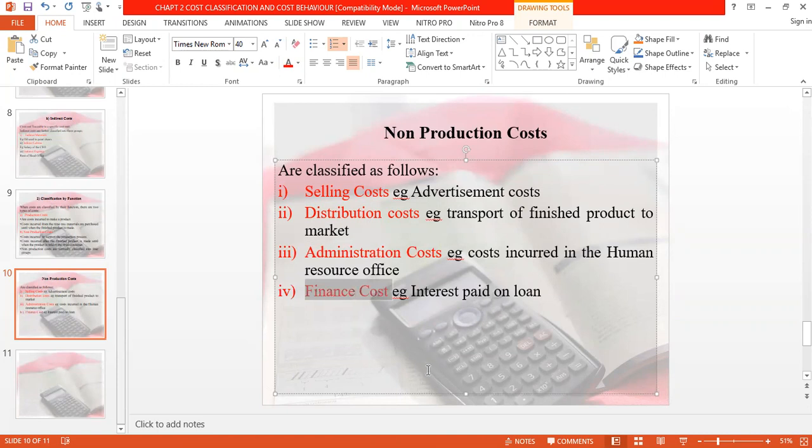Those are the different ways to classify non-production costs. So that is classification of costs by function.